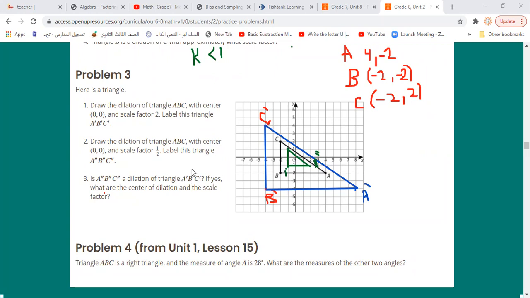Which one in this case will be the original and which one will be the image? A prime, B prime, C prime will be the original? This is the original. Miss, if this was the original, it will be enlarged.